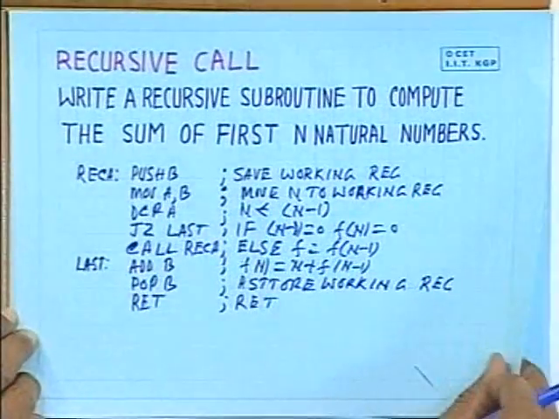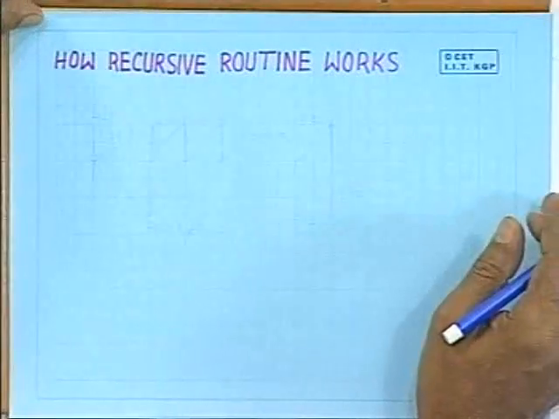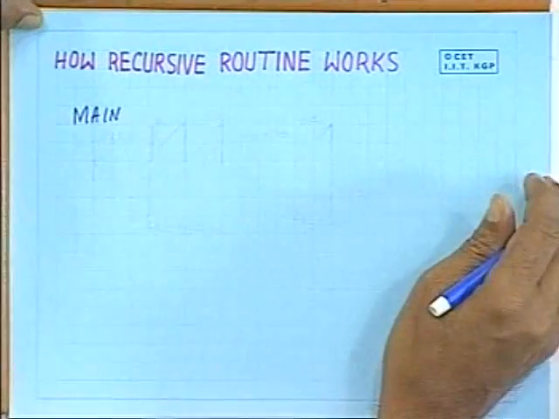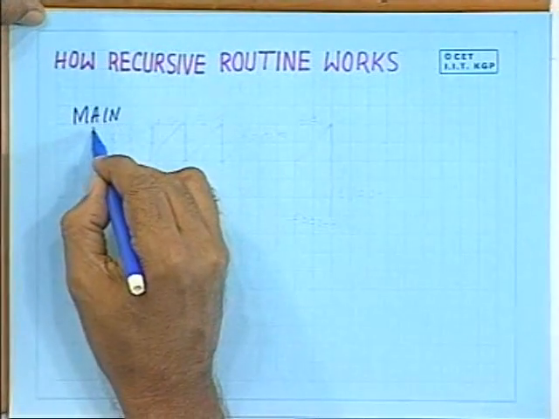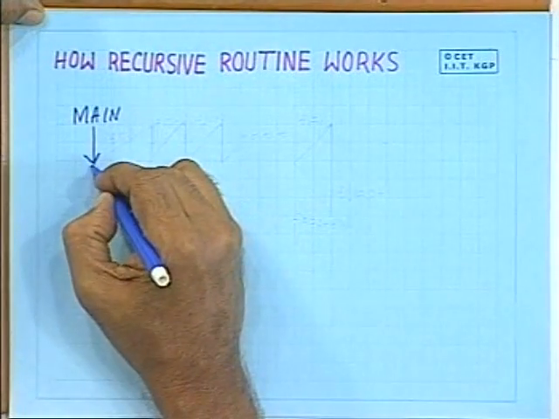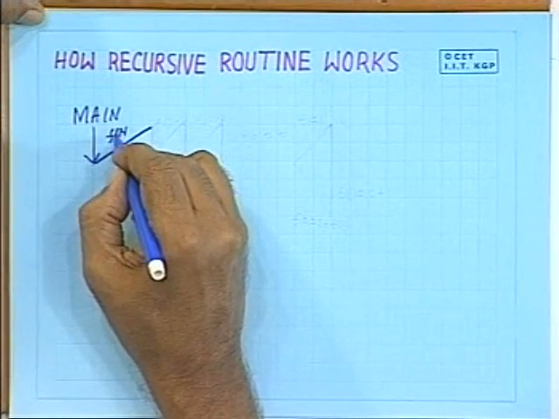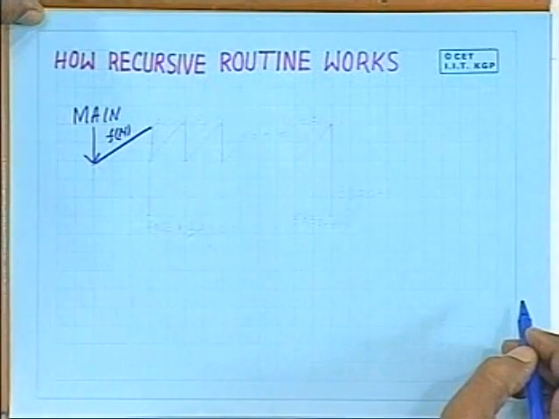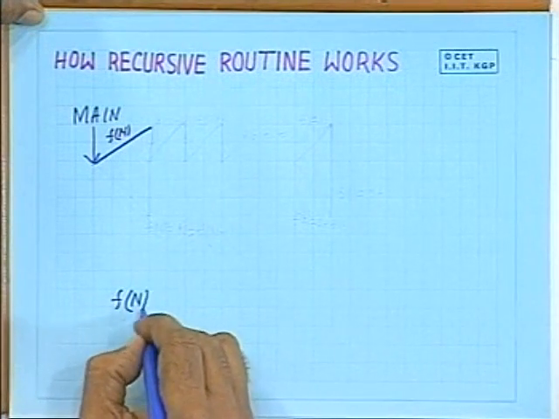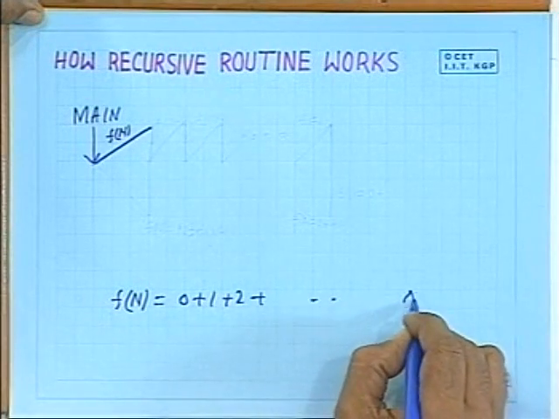Let me explain with the help of another diagram how this recursive routine is working. This is your main program. Main program, you have come out to this. Then at this point, a subroutine call takes place with f, where the function is f n. That means you have to compute f n is equal to 0 plus 1 plus 2 up to n.